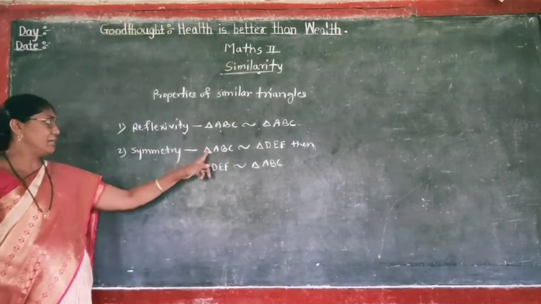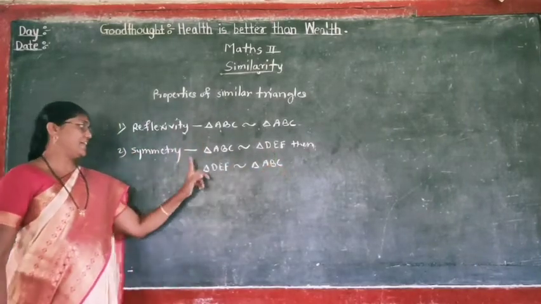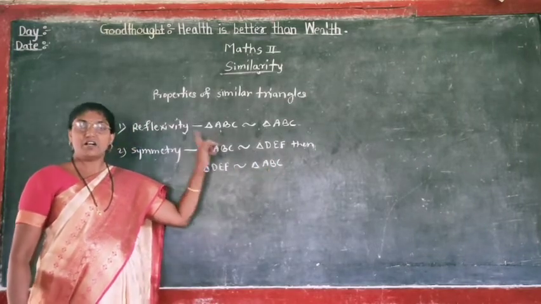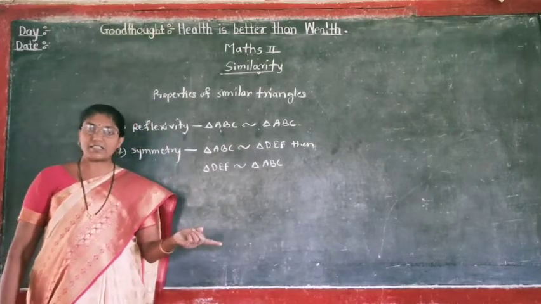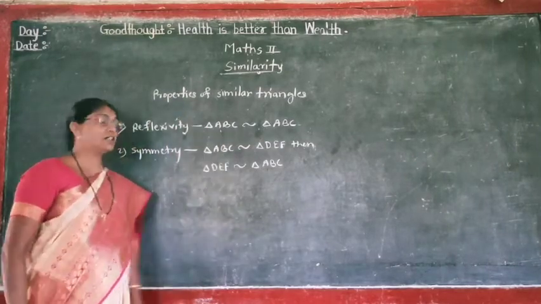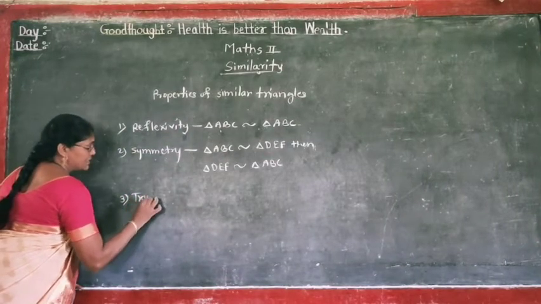If triangle ABC is similar with triangle DEF, then triangle DEF is similar with triangle ABC. Means first triangle is similar with second triangle, then second triangle is similar with first triangle. Third property is transitivity.